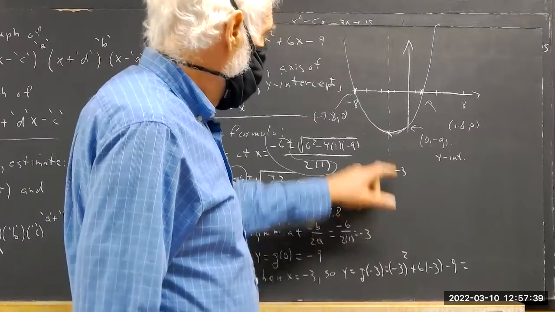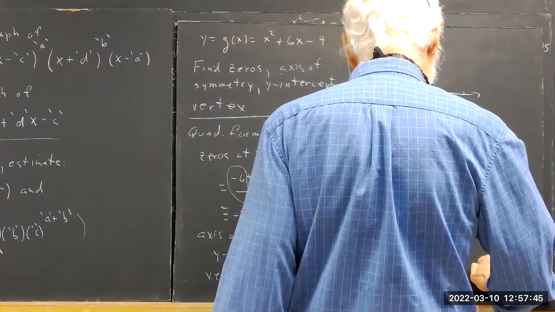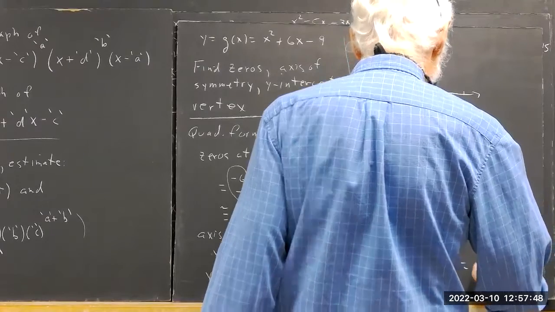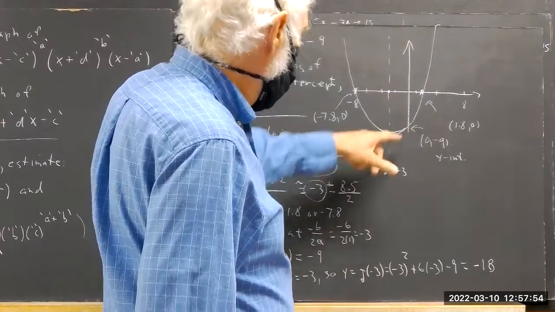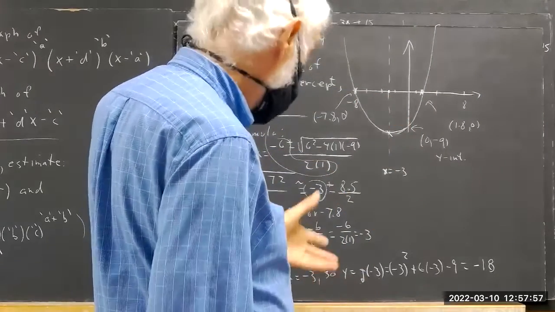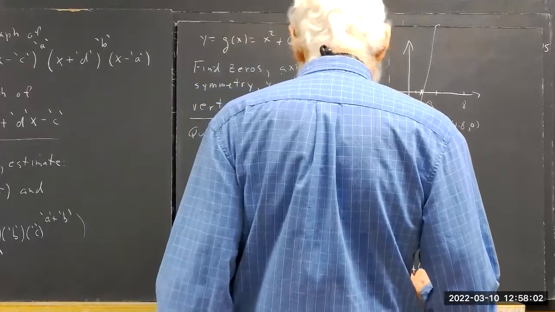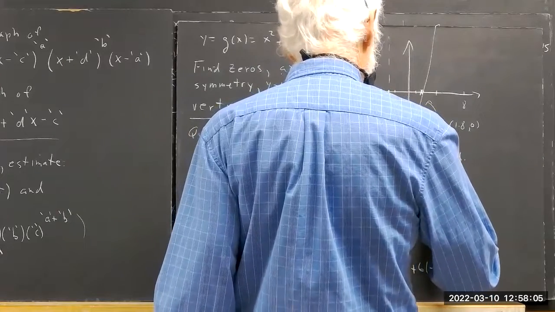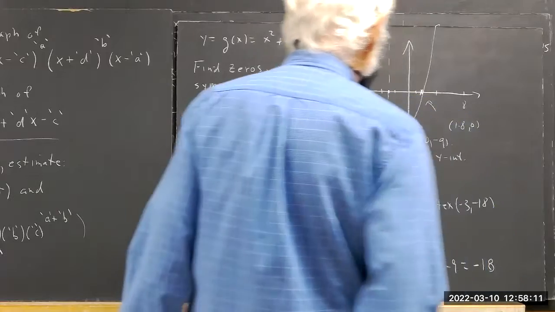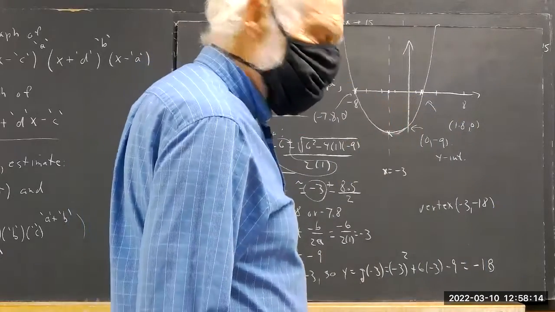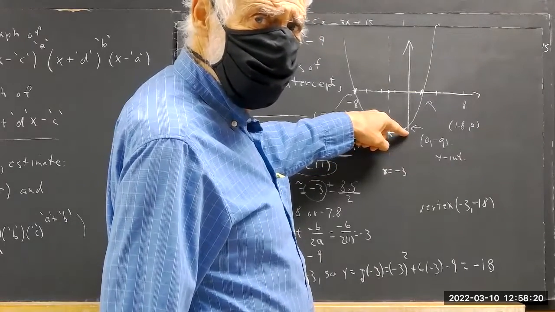Yeah, okay. So when I drew this thing, I was a little premature. If this is 0, negative 9, it tells me that my vertex is at negative 3, negative 18. And according to the way I just drew this parabola, the vertex isn't much lower than y equals negative 9.